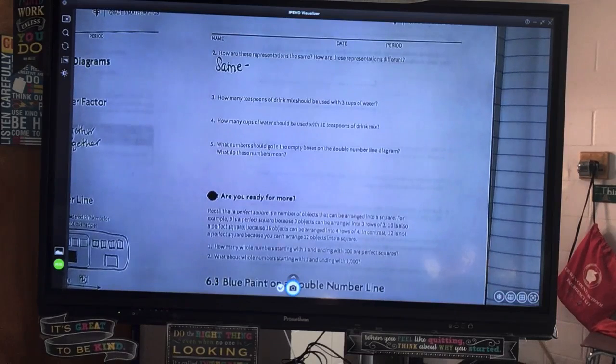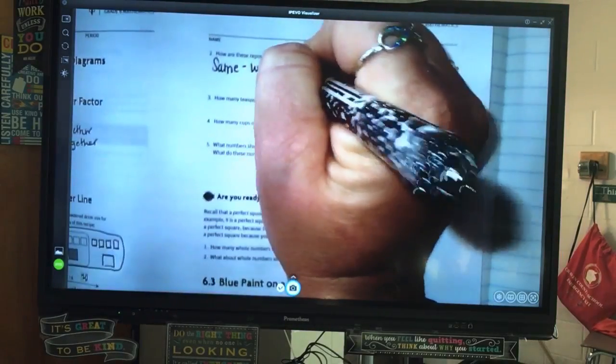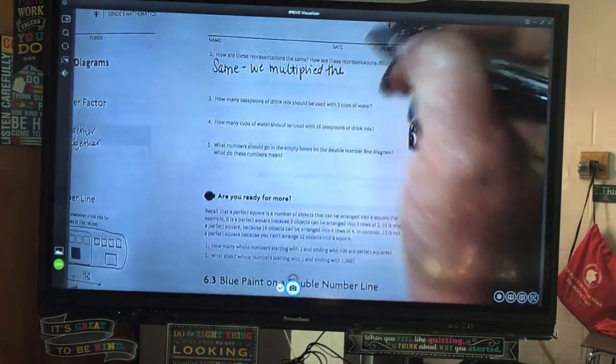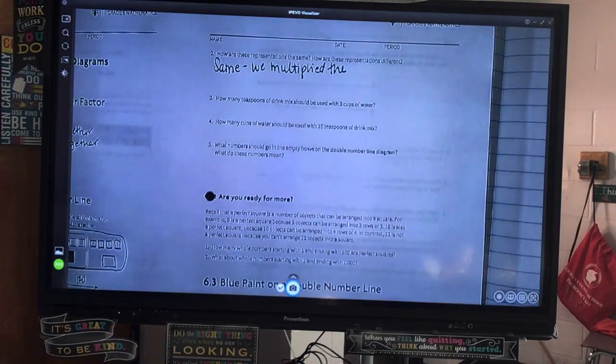The ratio. Which one? Troy, just look at what we just wrote. Like for number 1, what did we just write? So then that's why they're the same, because we multiplied the original ratio.